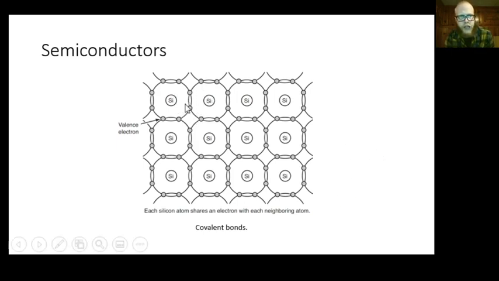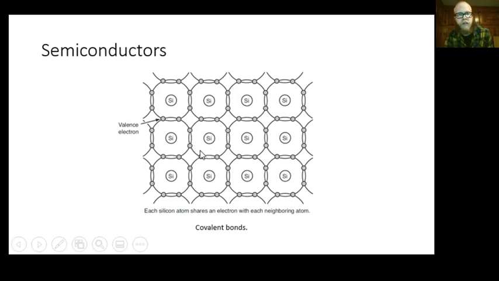all these atoms lined up in what's called a lattice, because it looks like lattice work, and they're sharing electrons in their stable state. So the most we can hold as far as electrons go in this outer ring is 8. And if you count here, 1, 2, 3, 4, 5, 6, 7, 8.